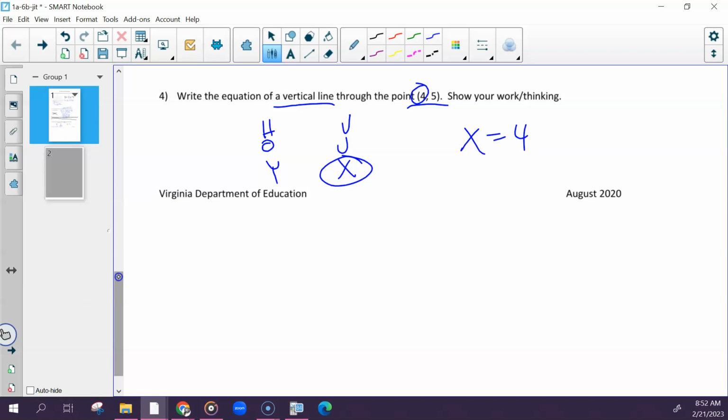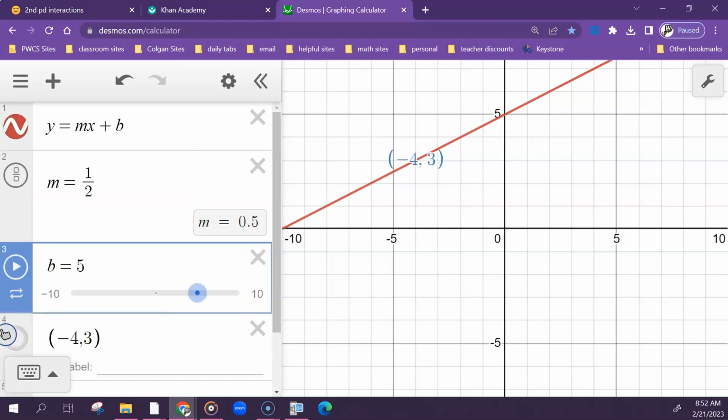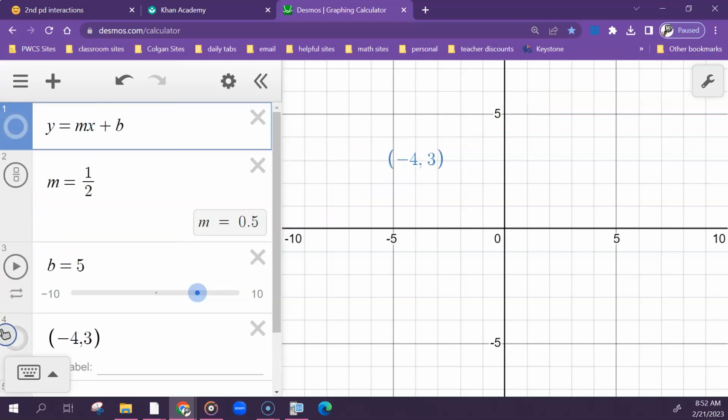Now, doing it on Desmos is going to be basically just what I just did. You would type in your ordered pair.